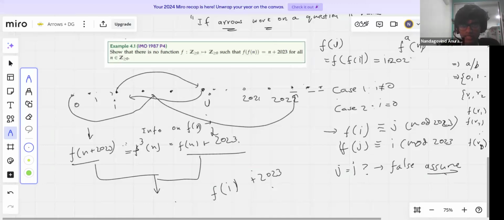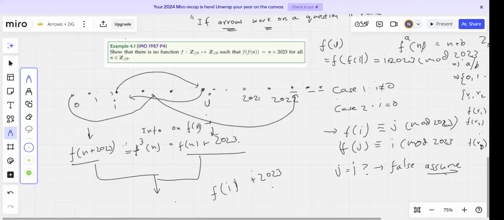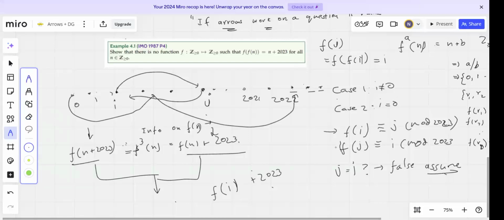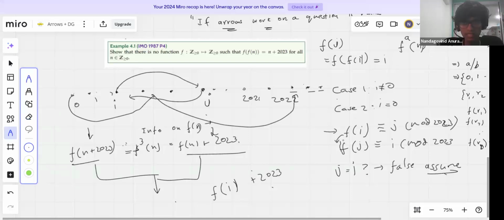So f of j is equal to this thing mod 2023 as well. Oh, right, 2023 just vanishes. That's why you have this. So this implies this.